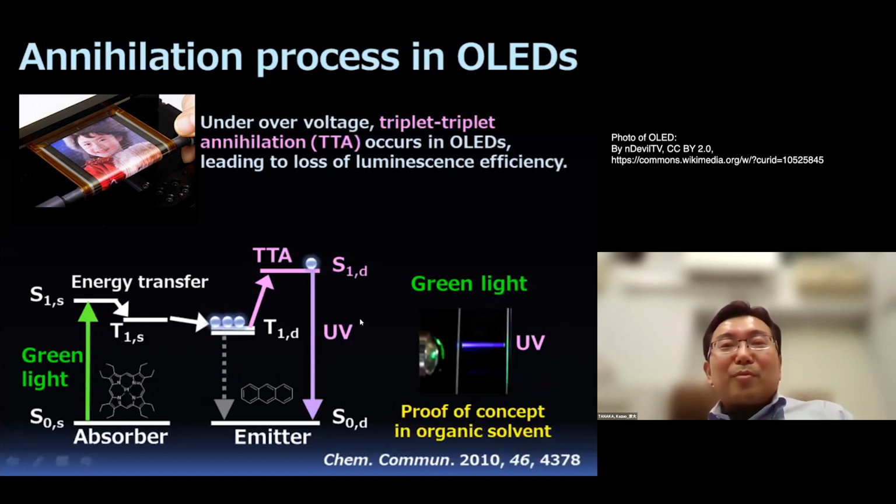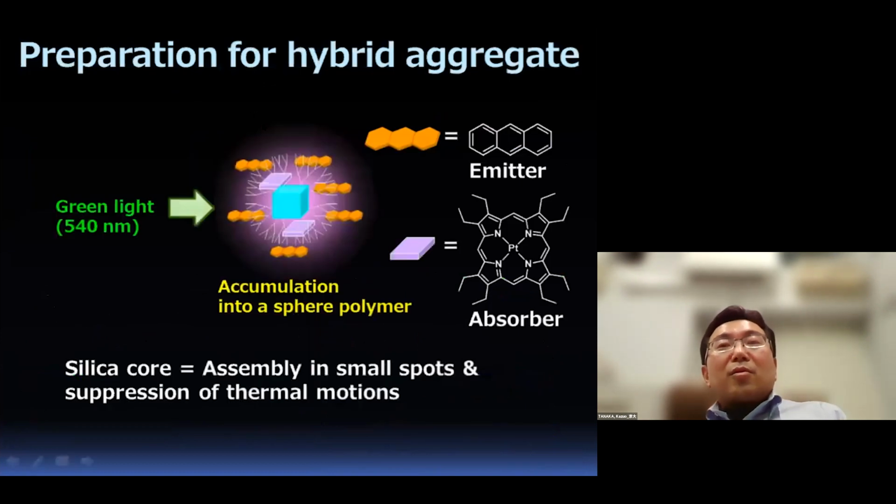And next, we aim to realize this TTA-based up conversion in a biomimetic condition. Based on a spheric polymeric material, we aim to realize the inside space of the organic light emitting diode.